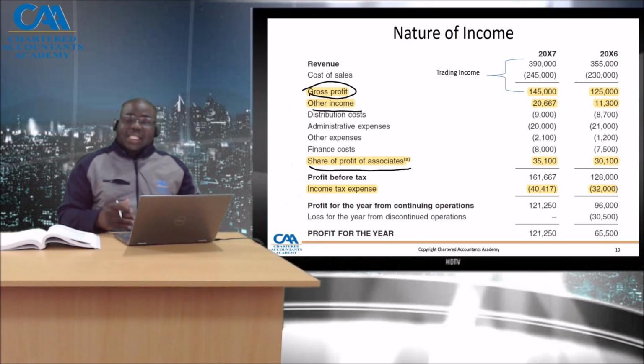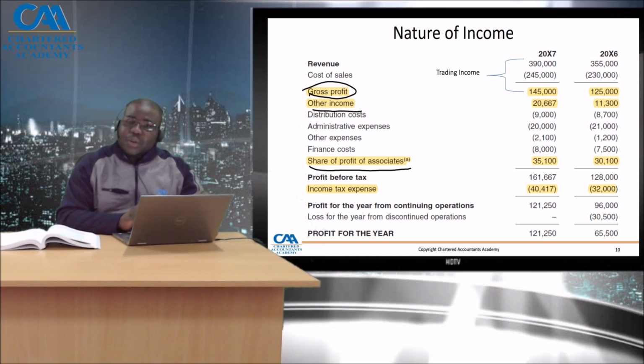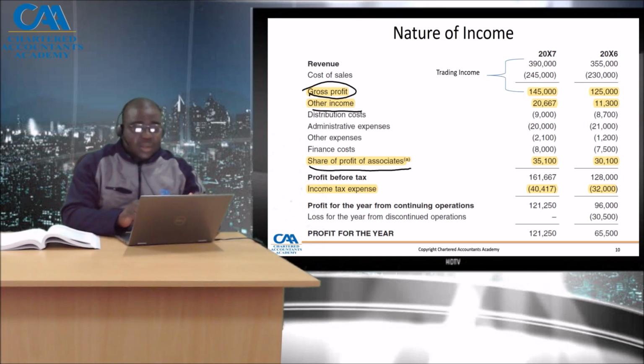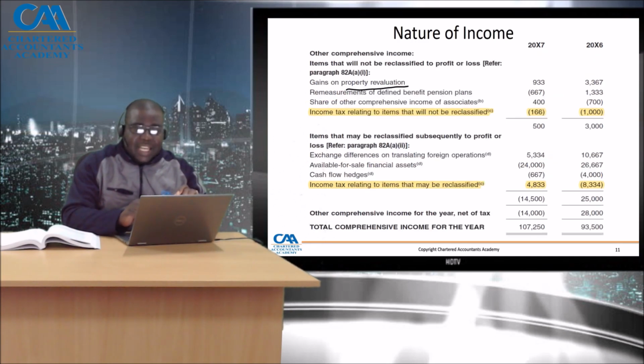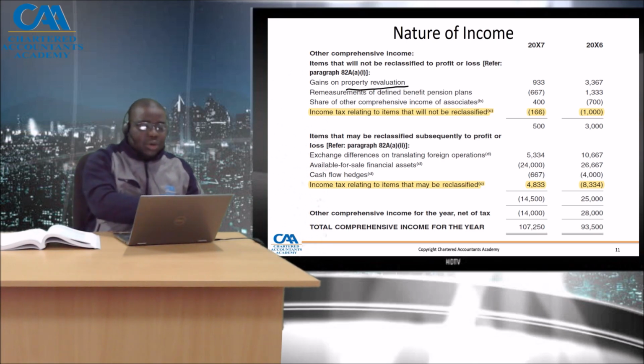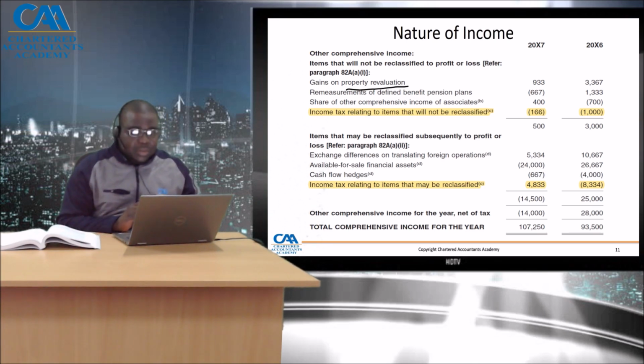An entity also makes other income from remeasurement of assets and liabilities. An example of those are what is found in the other comprehensive income, which is gains from revaluation of property, remeasurements of defined benefit pension plans, share of other comprehensive income of associates, cash flow hedges, available for sale, which is now what is called fair value adjustment from fair value through OCI financial instruments.